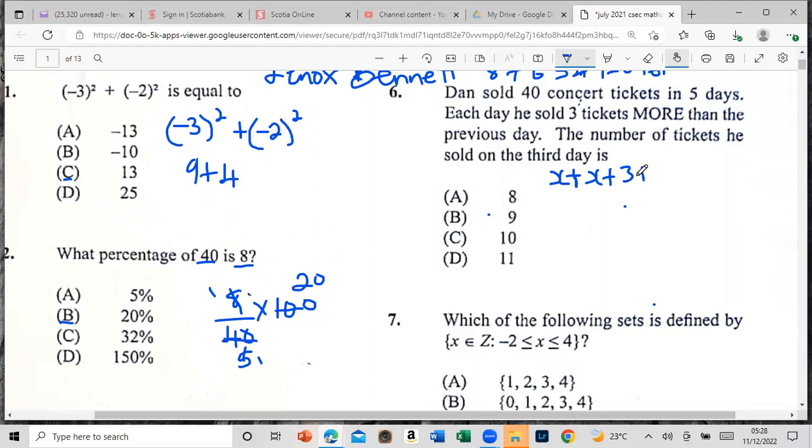Third day, because remember it's going to be 3 more, so we go in multiples of 3, x plus 6. Fourth day, x plus 9. And the fifth day, x plus 12.